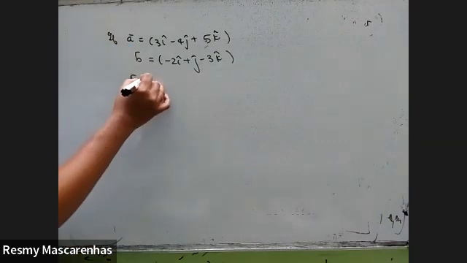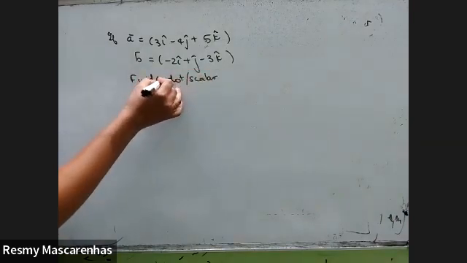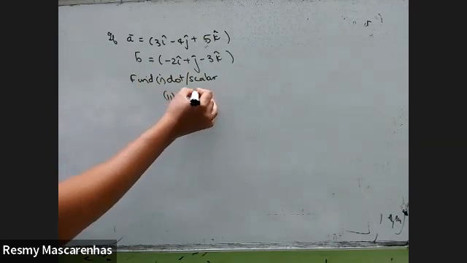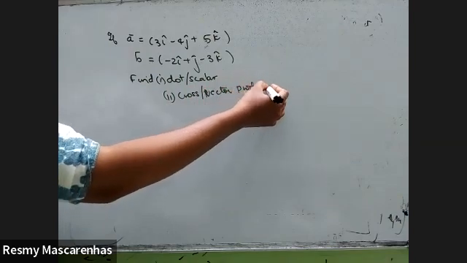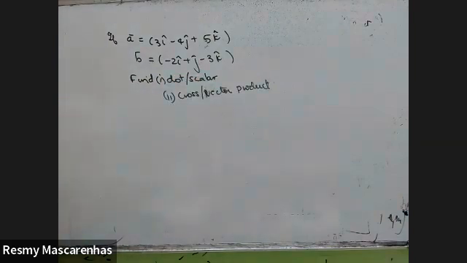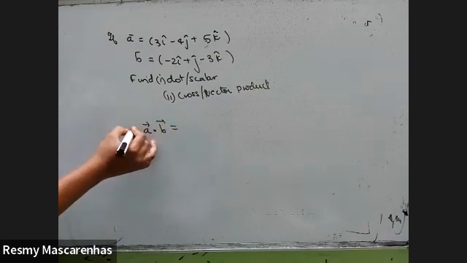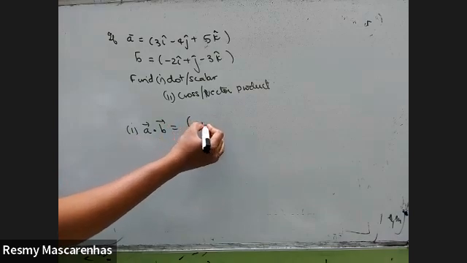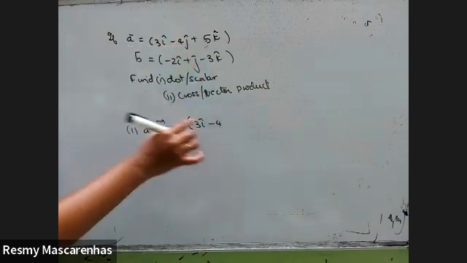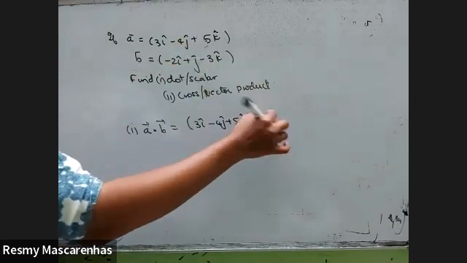Find dot product or scalar product. Second, cross product or vector product. Whenever you have to find dot product, you have to use dot in between. This will be 3 I cap. Just substitute A bar. Dot. Just put B bar.